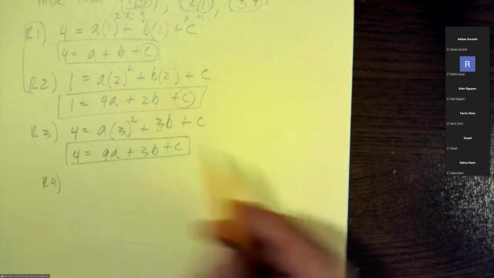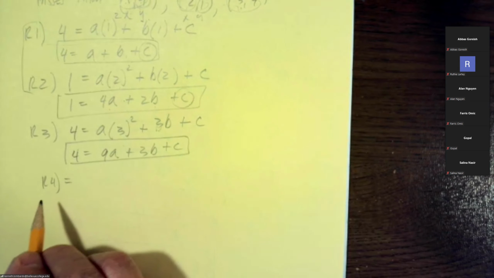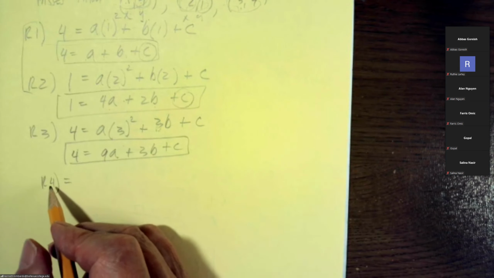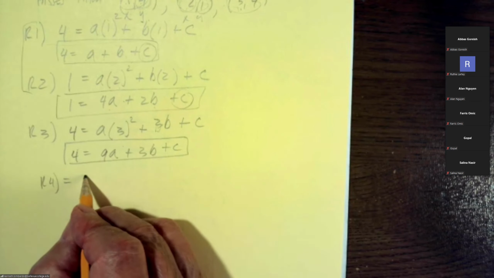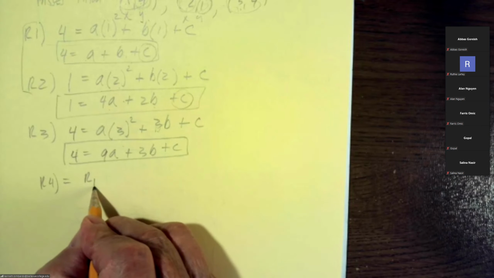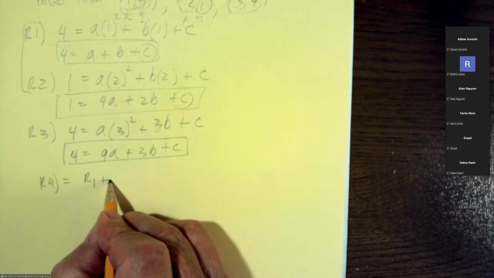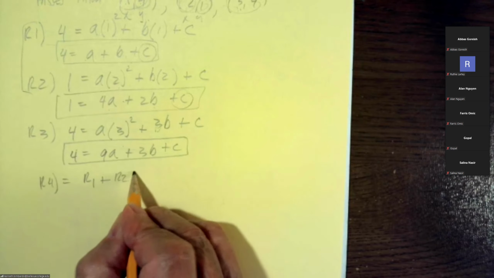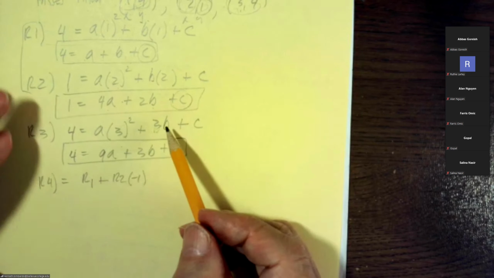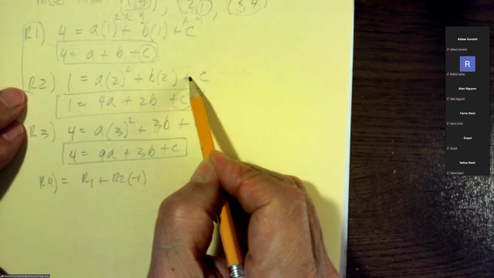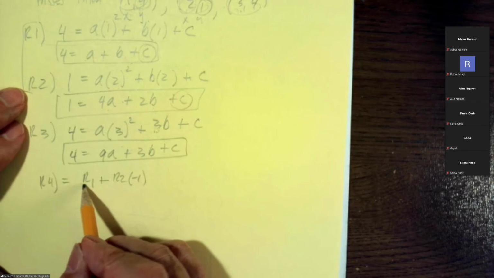We do that by combining: row 4 equals row 1 plus row 2 times -1. And what does that give us? Row 2 times -1, and add that to row 1.